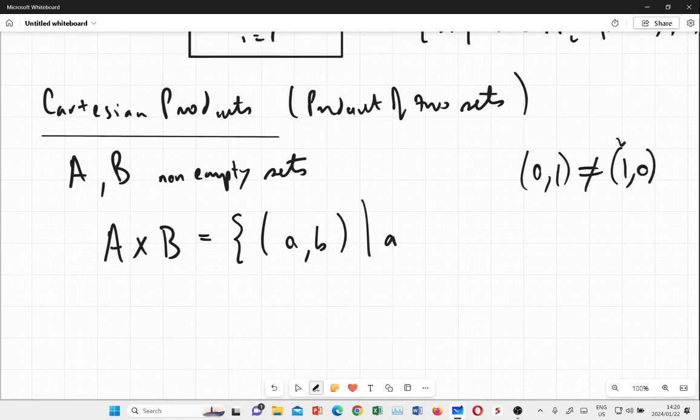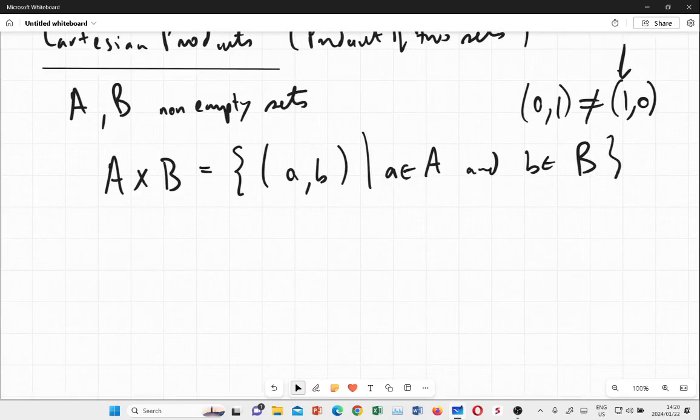You've only got two elements in both ordered pairs, 0 and 1, 1 and 0, but notice that the 1 comes first here, and the 0 comes first there. So the Cartesian product A times B is going to be where a comes from A and b comes from B. Okay, so let's have an example of this.